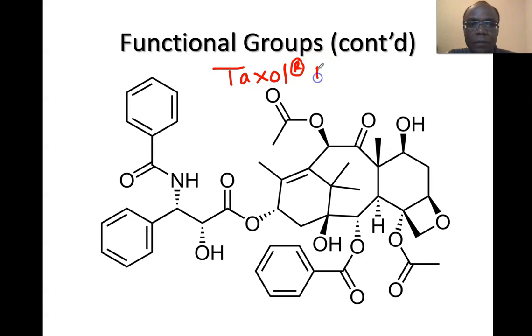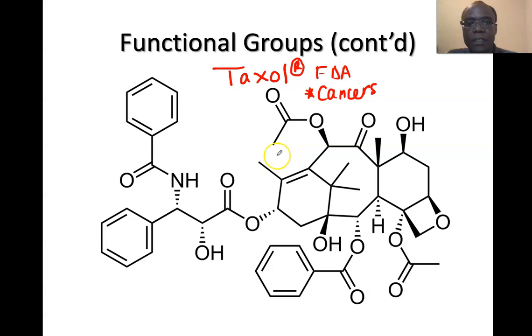Taxol is approved by the FDA in treatment of certain cancers, used in treating types of cancers, breast cancer and colon cancer and so many other cancers. It's extracted from a tree, I think it's called the yew tree. Can you imagine this is a drug people take? Very, very ugly, but it works.